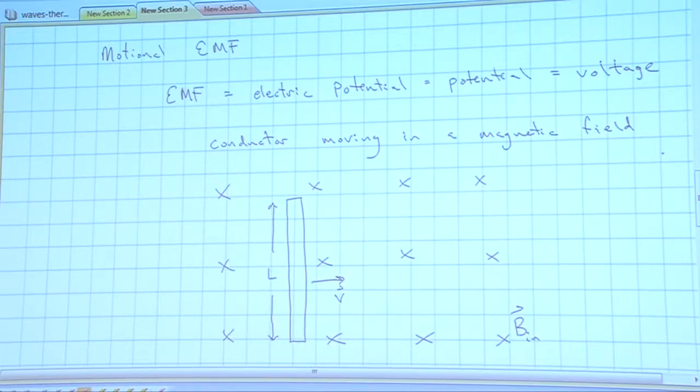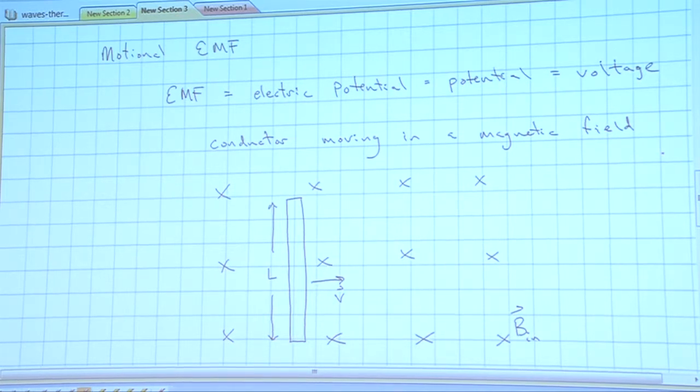All right, let's talk about motional EMF. And just to be clear, these terms, we use them interchangeably when we're talking about electric potential. EMF stands for electromotive force, which is sort of an antiquated term.